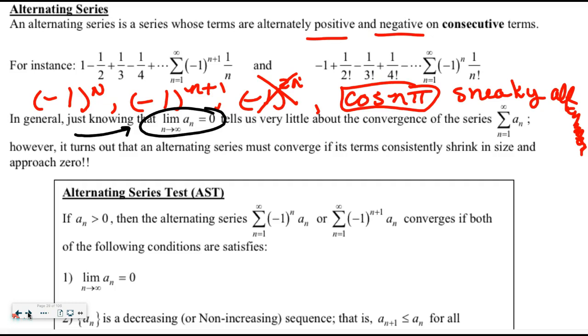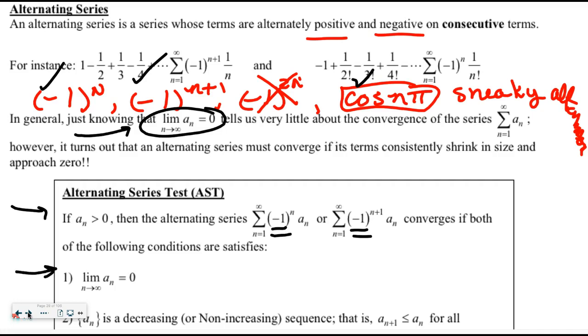What this says down here, so I'm going to try to explain all this to you, is that if in the presence of an alternator, that's what that means, right? So if you see one of these or the sneaky guy, if you take the limit without the alternator, that's what this means right here.